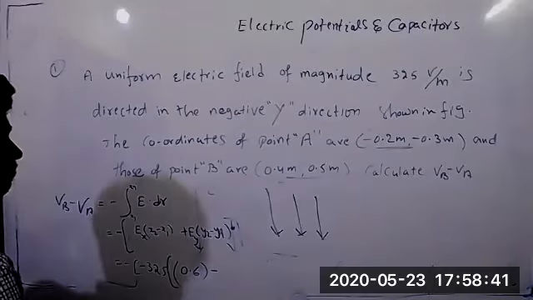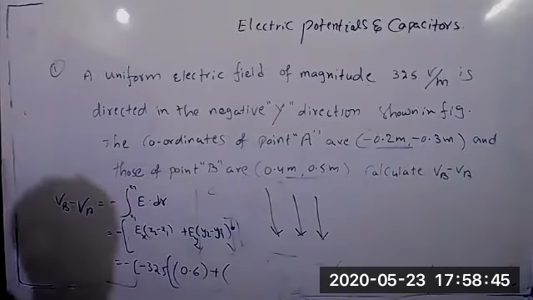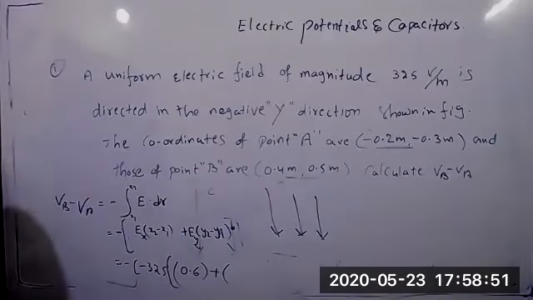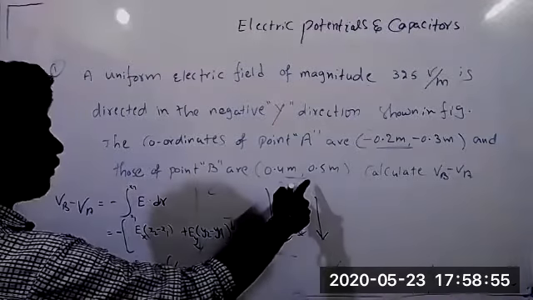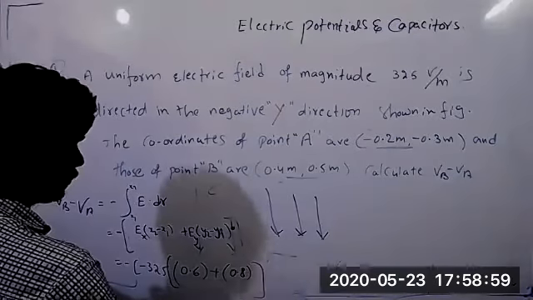Plus 325 in Y2. In the Y direction, sir, it will be 0.5 plus 0.3, which is nothing but 0.8.